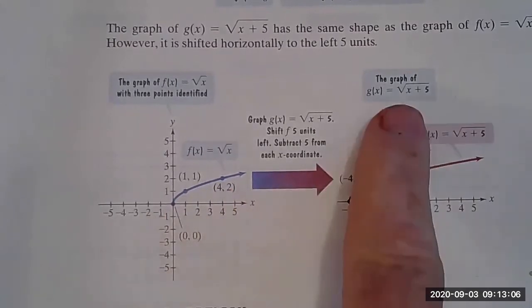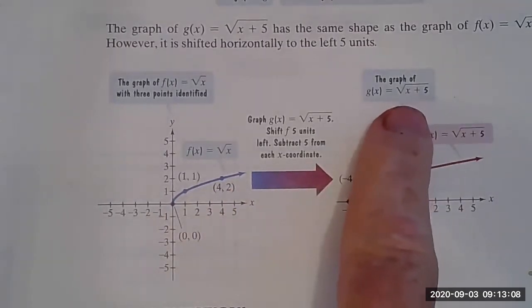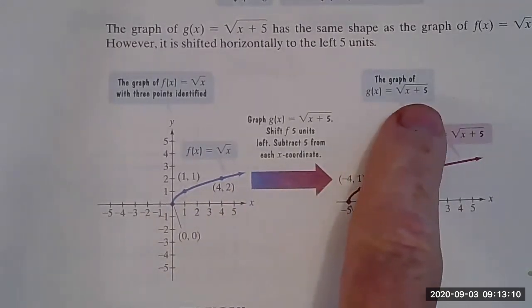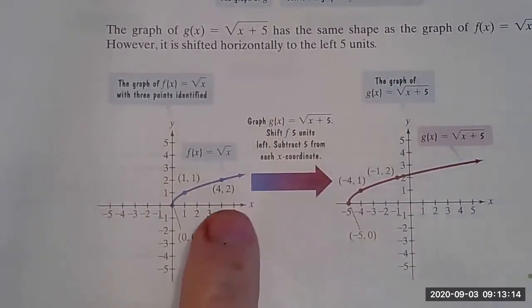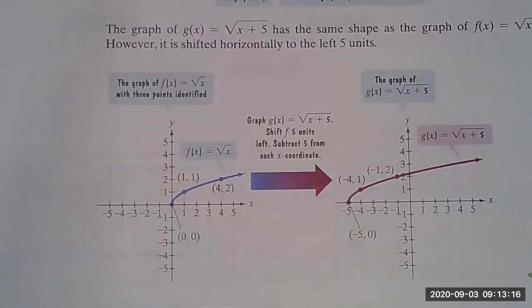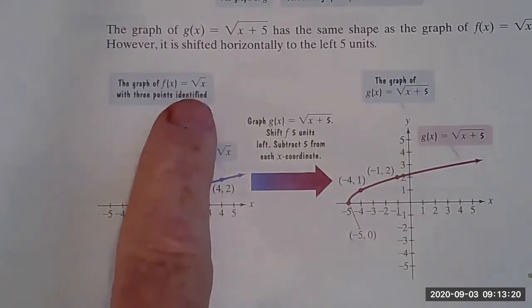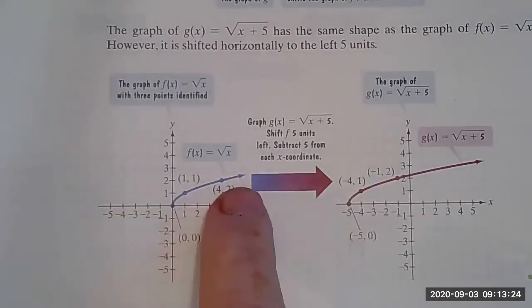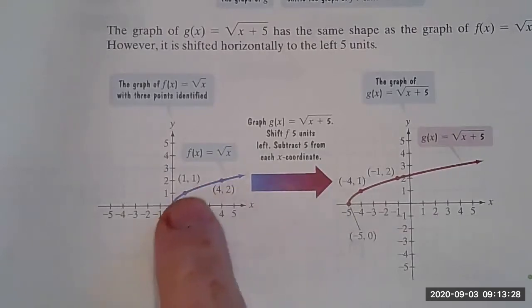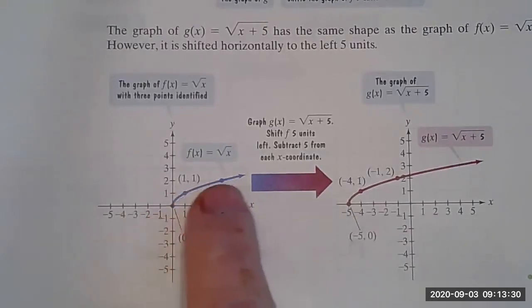What happens to the picture of that equation in comparison to that? Well, if you had no calculator, you could make a table of values and plot 1, 2, 3 points. Plot the points and you'll get an idea that, hey, this thing looks like this.